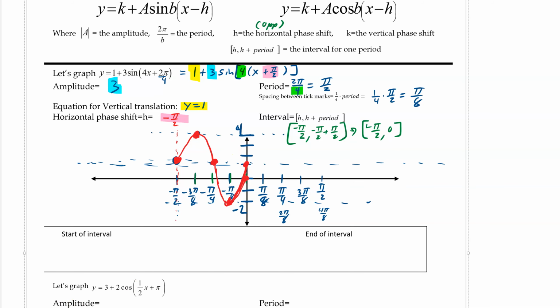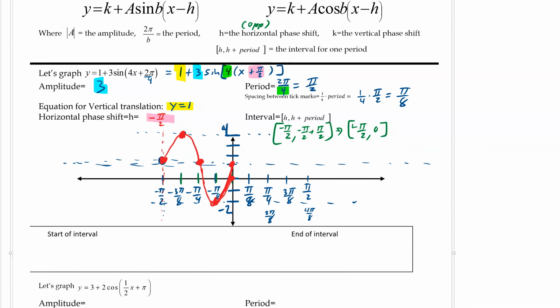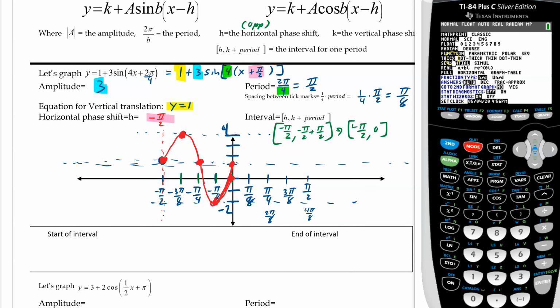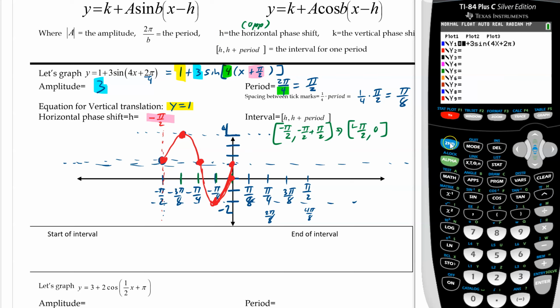And now what we want to do is verify it in the calculator. If everything was correct, everything should check perfectly. So if we enter this thing perfectly, 1 plus 3 sine of 4x plus 2 pi, close the parenthesis. Make sure the mode is in radians, and then we set our window.